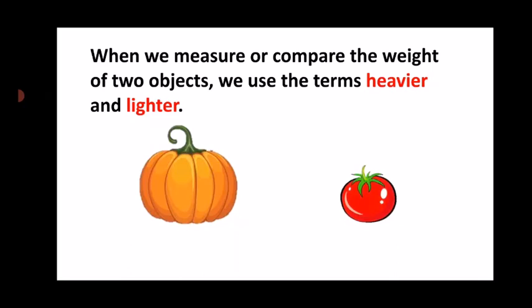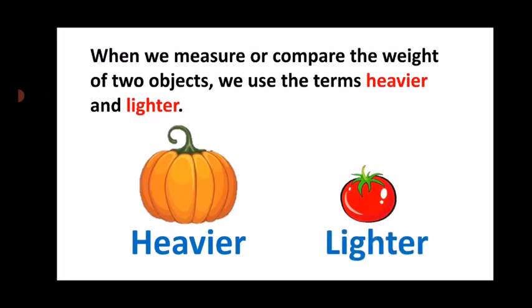Or we can also say that the weight of the tomato is less than the weight of the pumpkin. Therefore, the tomato will be lighter than the pumpkin. So, pumpkin is heavier than the tomato and tomato is lighter than the pumpkin.